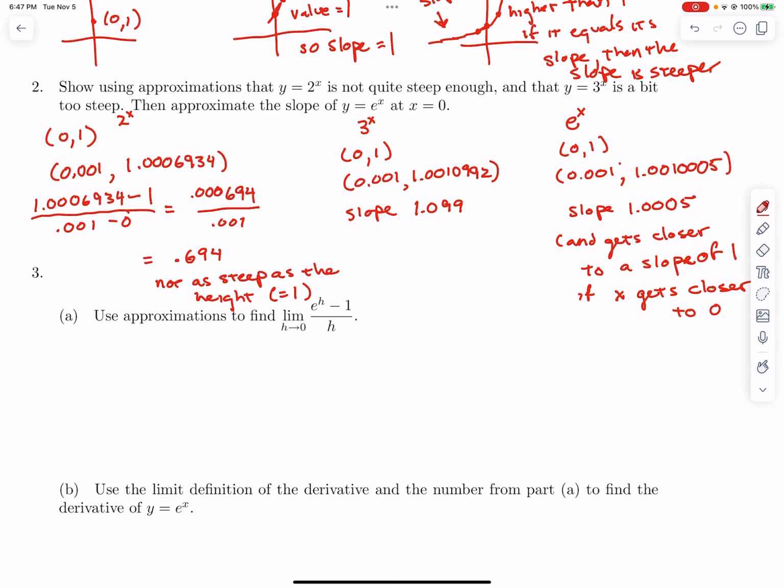So yeah, it turns out e to the x is its own slope. It is its own derivative.